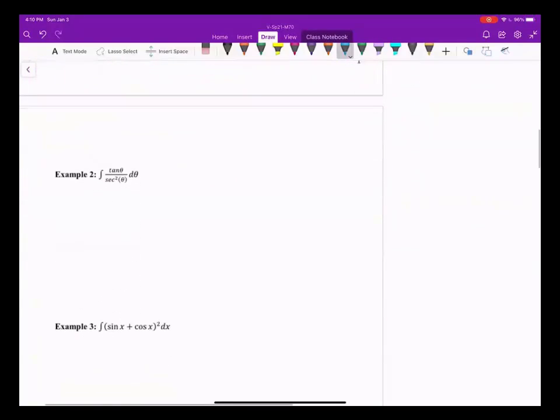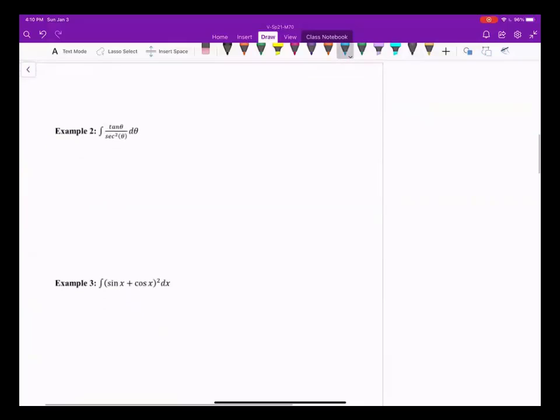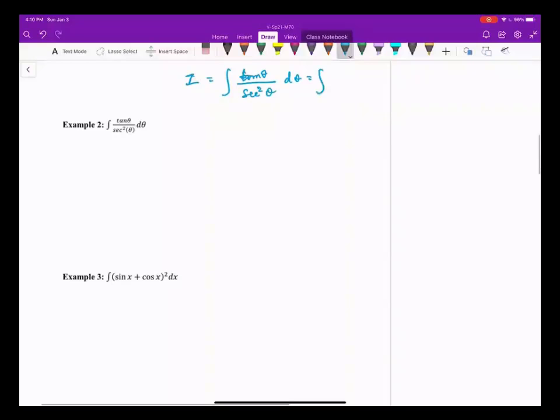Now let's try the next example. Example number 2: integrate tan theta over secant square theta. If it was switched, like if the numerator was in the denominator and the denominator was in the numerator, the substitution technique would have worked. But here, as secant square occurs in the denominator, we have to try a different technique, one of which is to write tan theta and secant square theta in terms of sine and cosine.